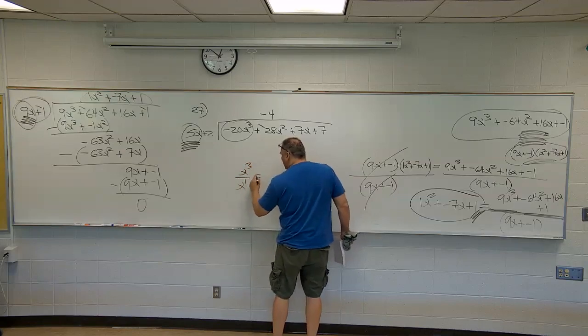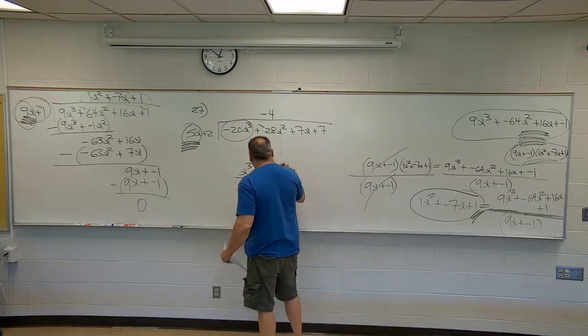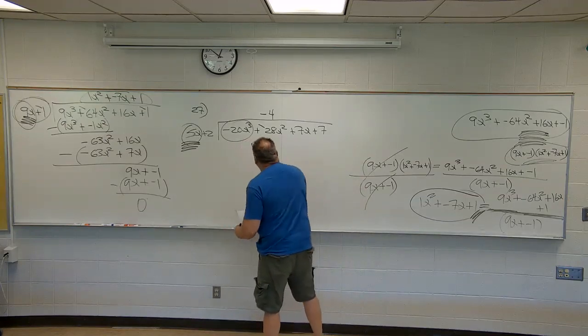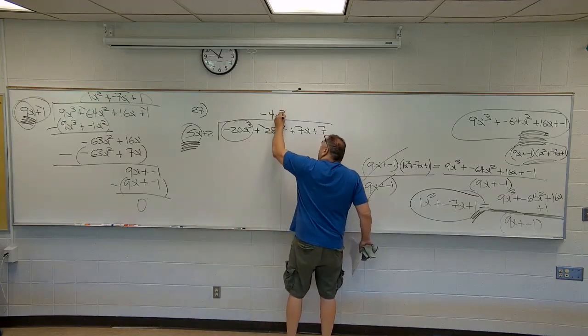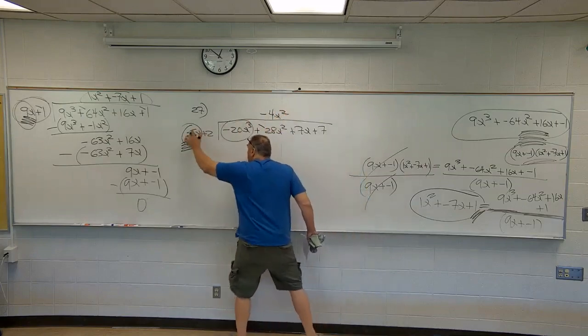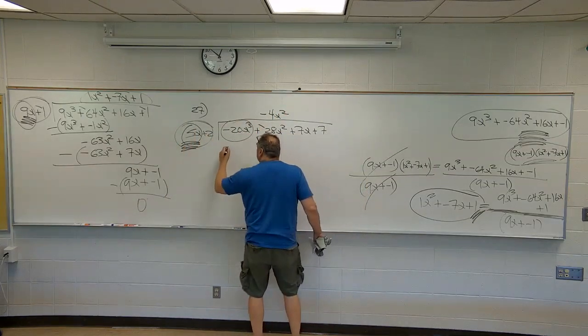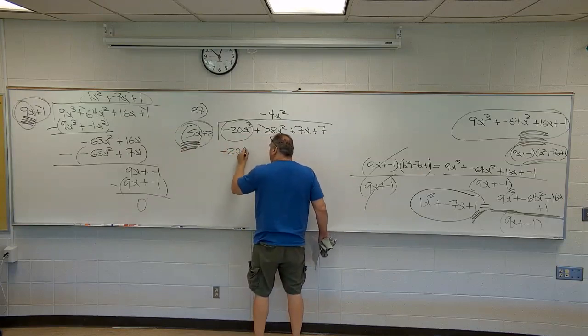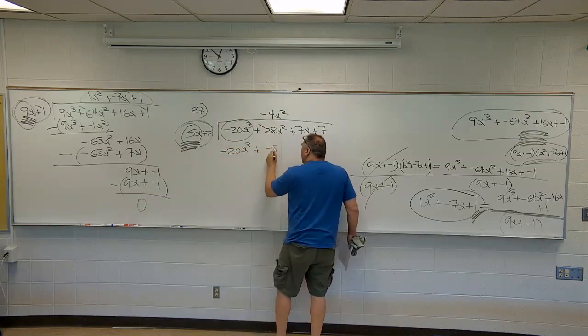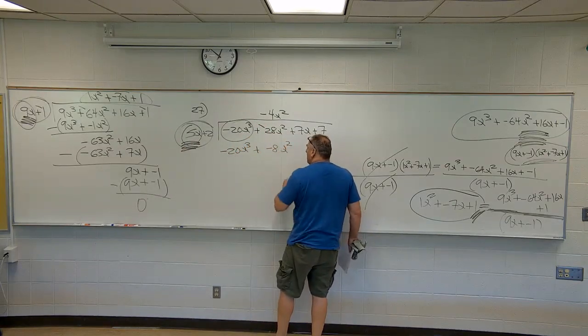Then we subtract exponents. 3 minus 1 goes in x to the 2. I can take this guy and hit both of them now. Negative 4x squared times 5x is negative 20x to the third. Negative 4x squared times 2 is negative 8x squared.